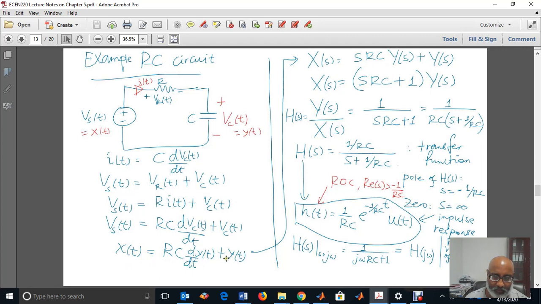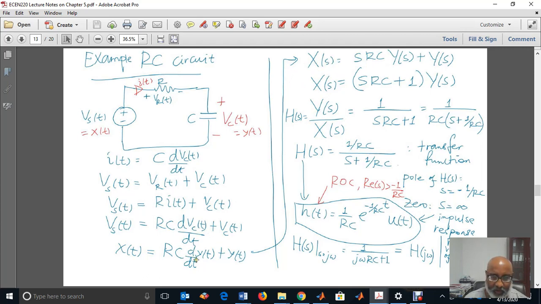So A0 means no derivative. The coefficient of y of t is 1, and A1 is the coefficient of dy by dt, which is RC, and B0, the coefficient of x of t, is 1.